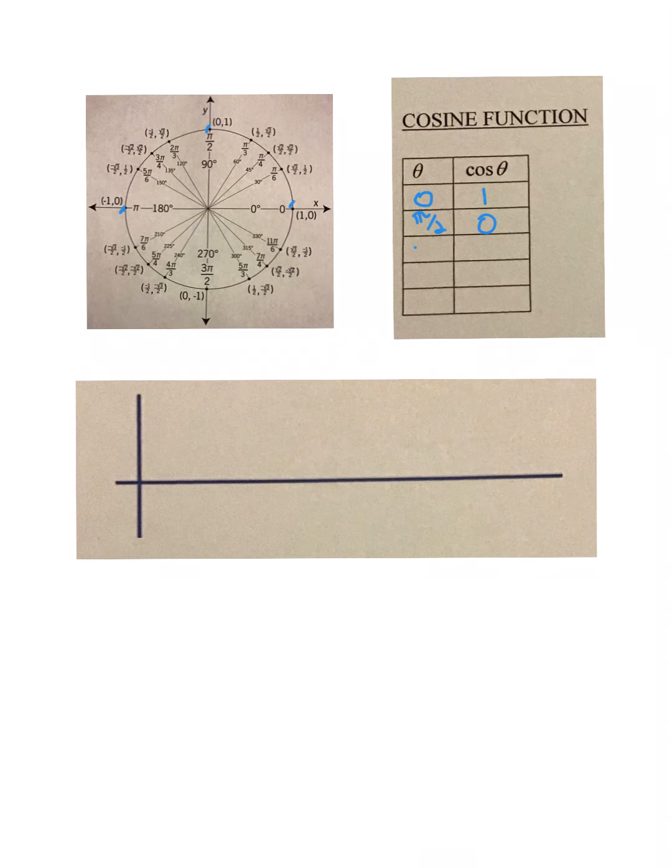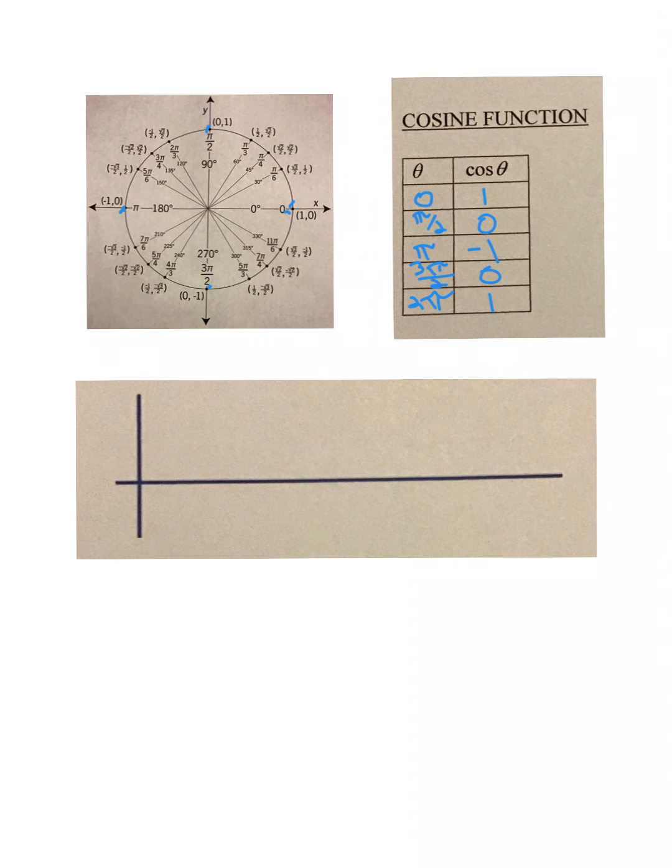At the angle of pi, the x-coordinate is -1. At the angle of 3 pi over 2, the x-coordinate is 0. And then going back up again to 2 pi now, because we've made our full revolution, our x-coordinate is +1.